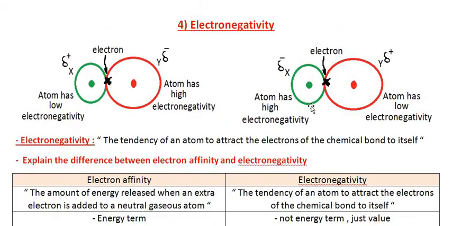here is the opposite situation. Suppose that this atom on the right has low electronegativity, the opposite of the situation here, and this one has high electronegativity.